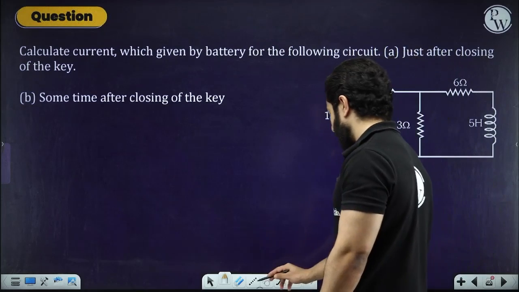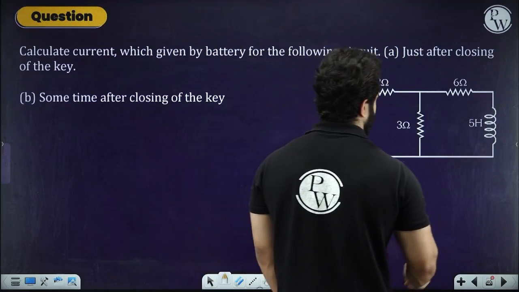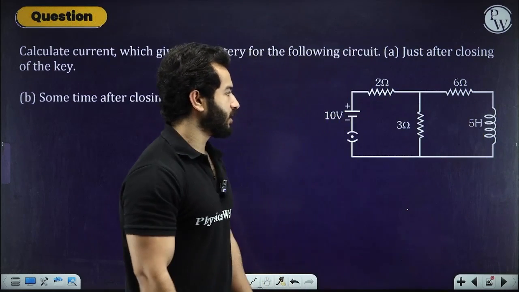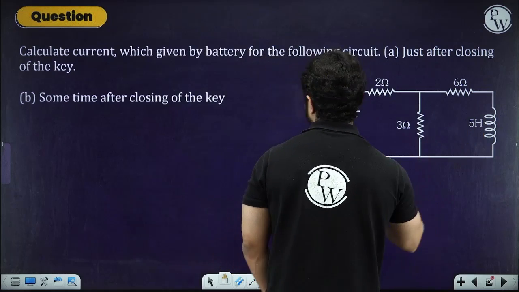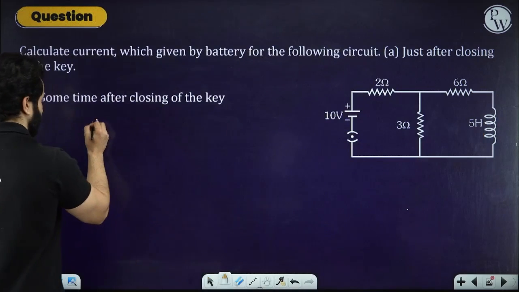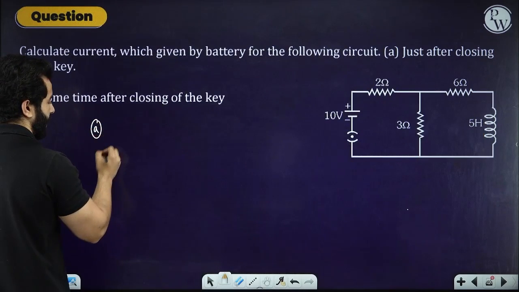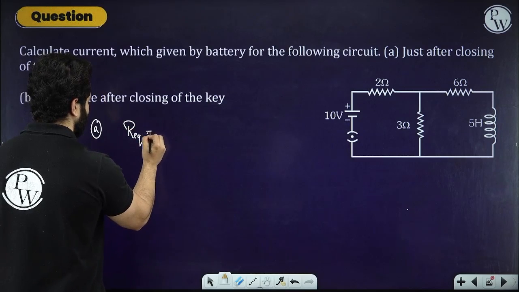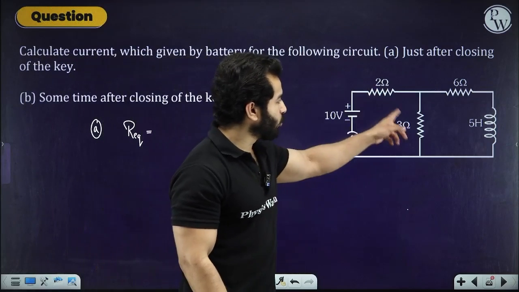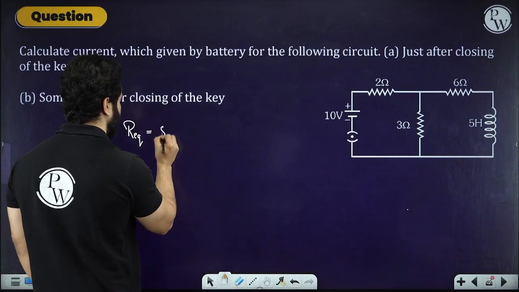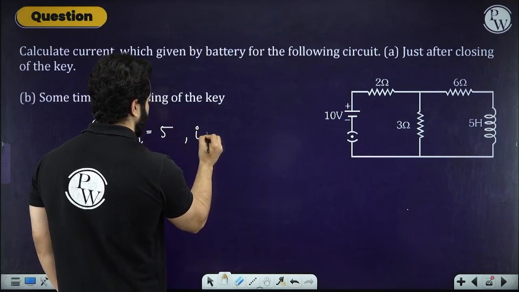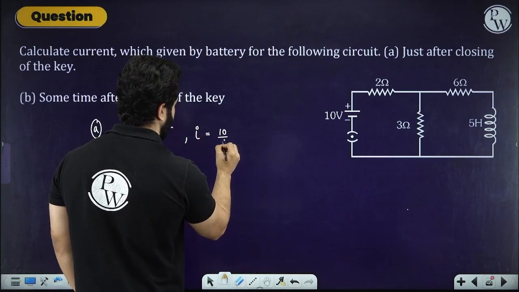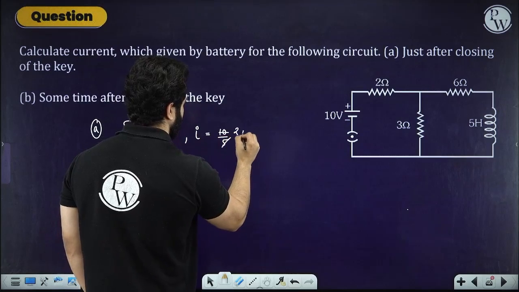Just after closing the switch means there will be no current over here. So for part A, the R equivalent would be 2 and 3, so that would be 5, and current would be 10 divided by 5, that means 2 ampere, right?